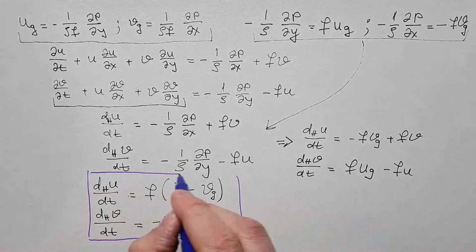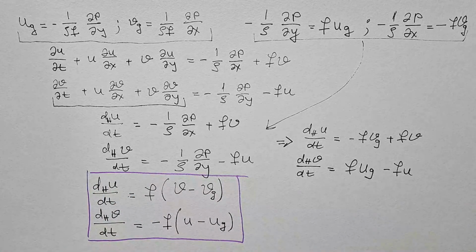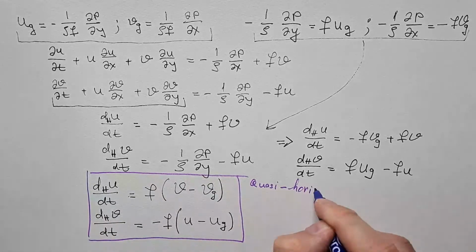And these are called quasi-horizontal momentum equations.